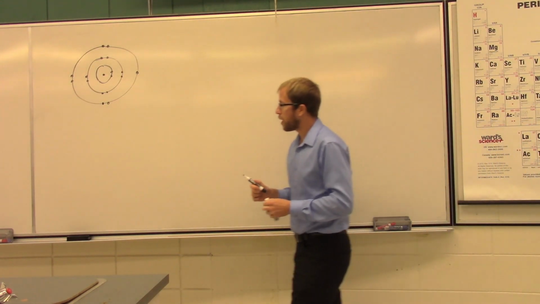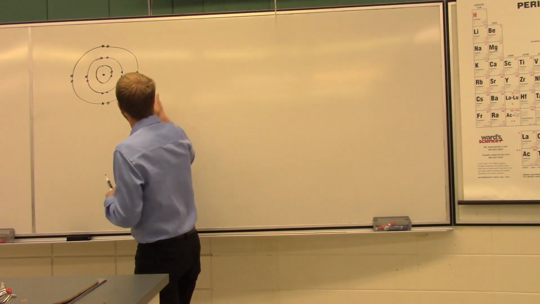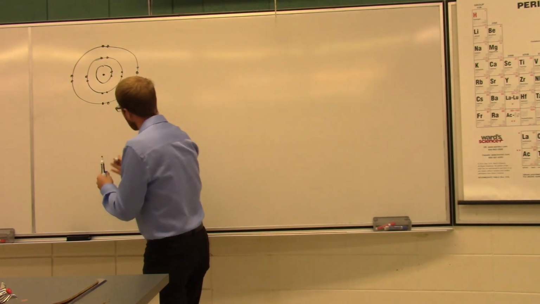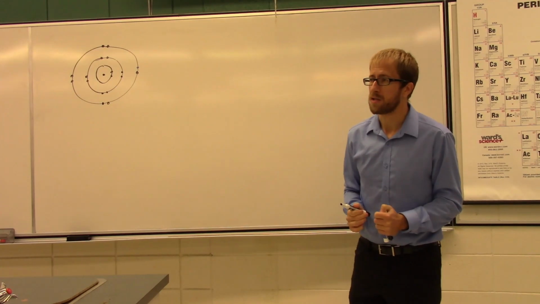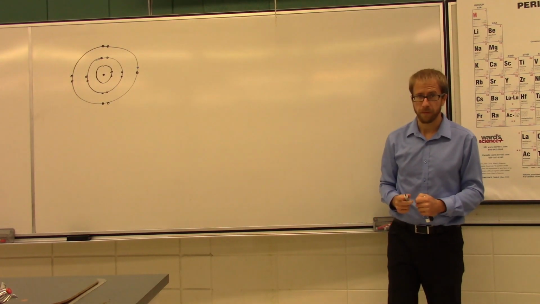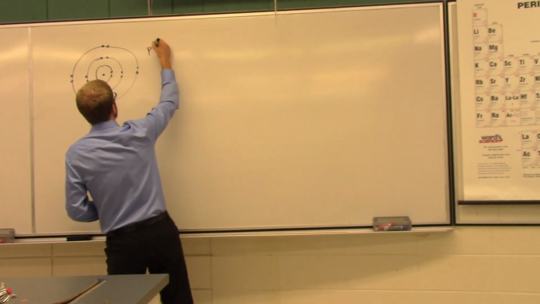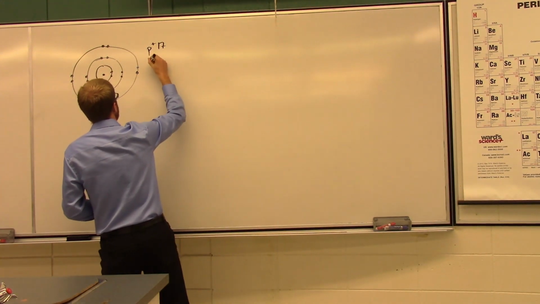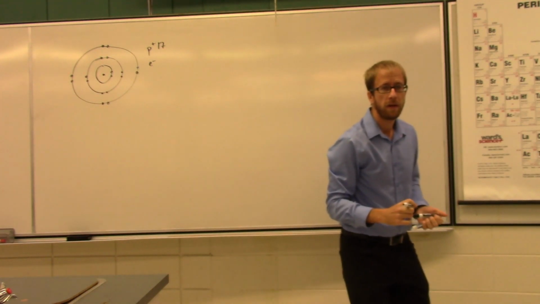So, we talked about how chlorine wants to gain an electron. Now, I have some students that are still struggling with the idea of where these charges come from. Well, how many protons does chlorine have? 17. Right? How many electrons did it have in a neutral atom? 17, right?